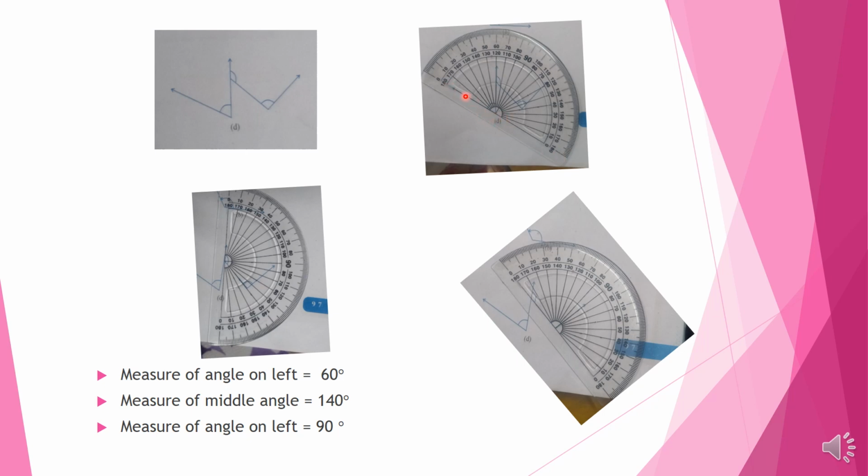Okay, so we have to see where the 0 is, upside or downside. So children, here along this arm when we keep the protractor, the protractor center point should be at this point. Okay, so the center will come at the point, and along this line the protractor horizontal line will be just above this arm. Okay, so that 0 reading, see children.